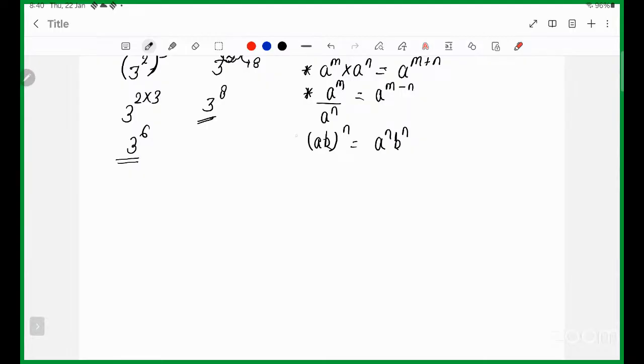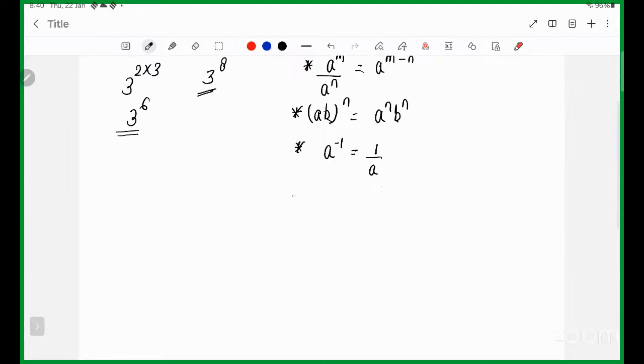And if I write a raised to power minus 1, it will be 1 upon a. And if I write a raised to power b raised to power c, then it will be a raised to power bc, so it will get multiplied.